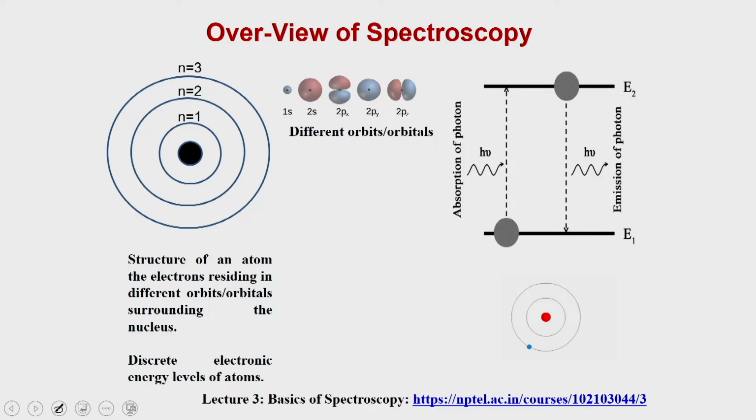Now, the question comes: why are different molecules absorbing differently? If you see the structure of an atom, the electrons reside in different orbits surrounding the nucleus.